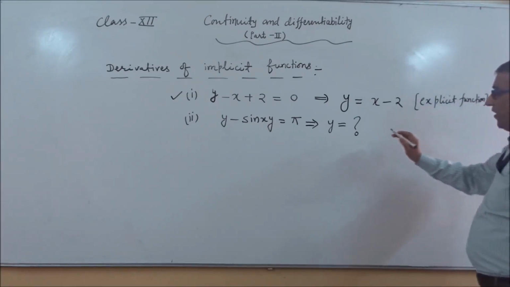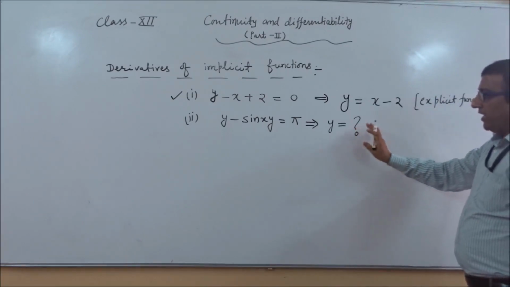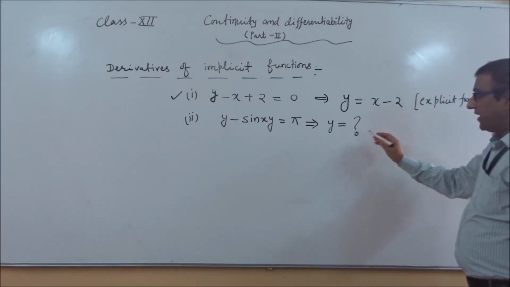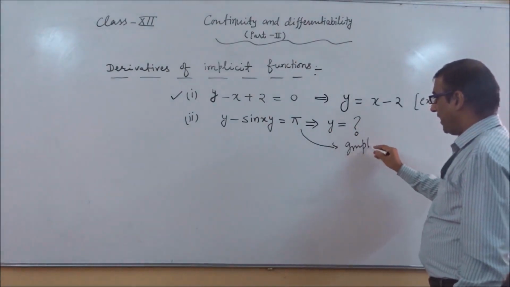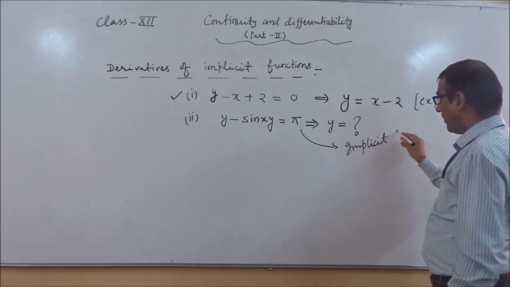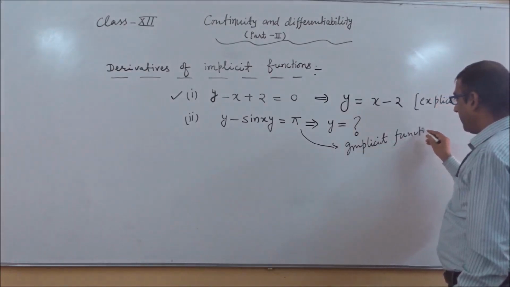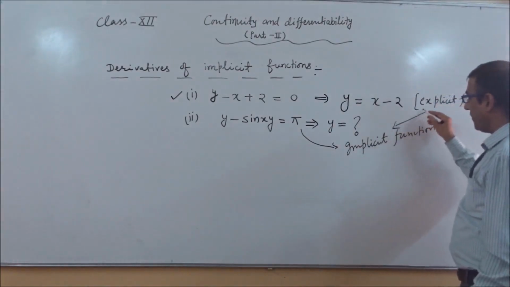And if we cannot express y easily in terms of x, that type of function is known as an implicit function. So this is the difference between these two types of function.